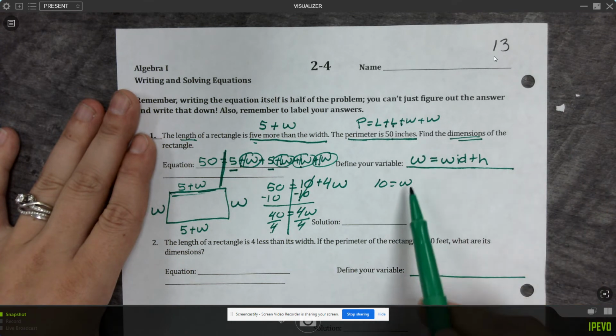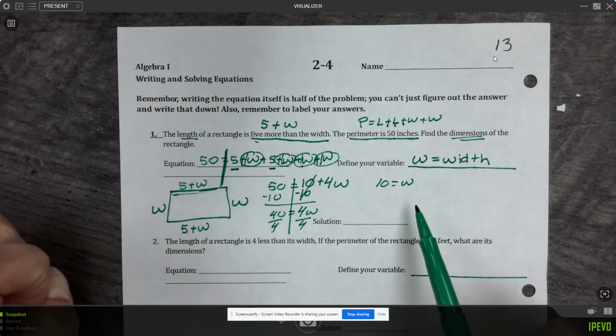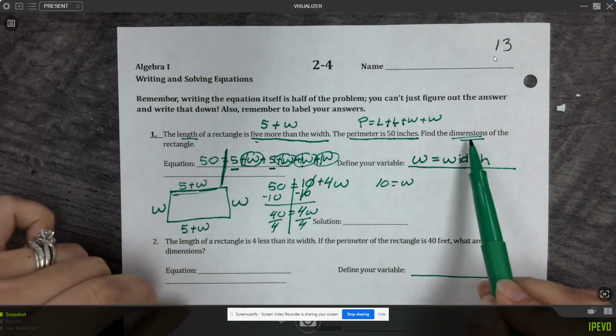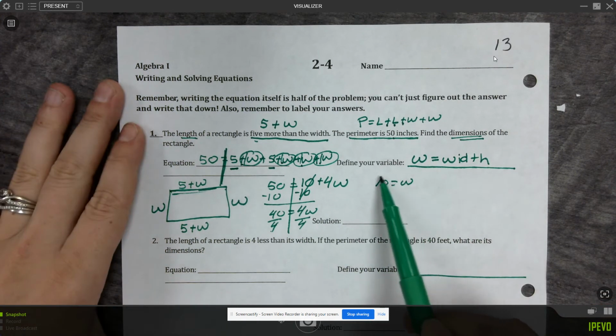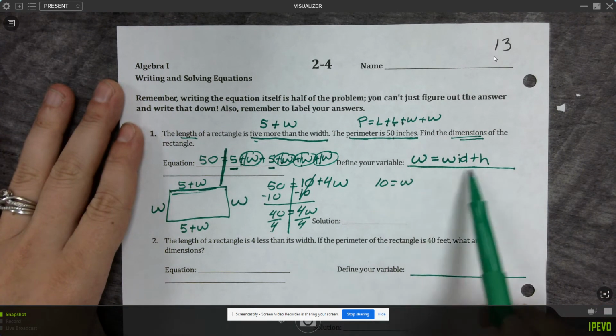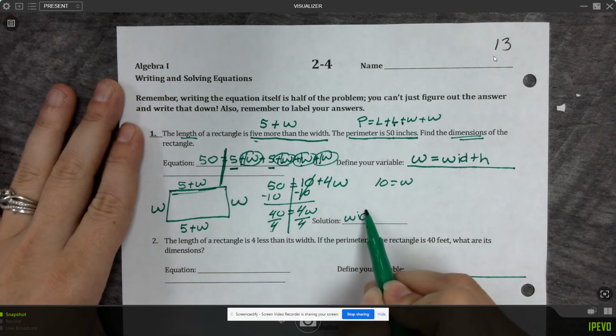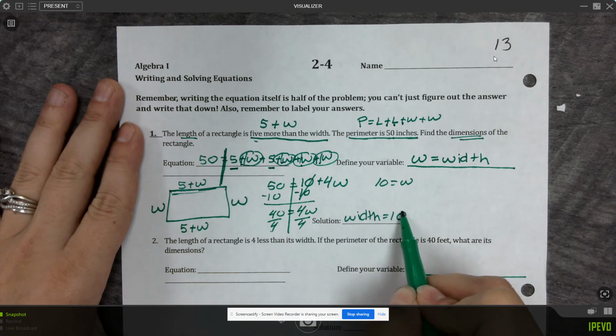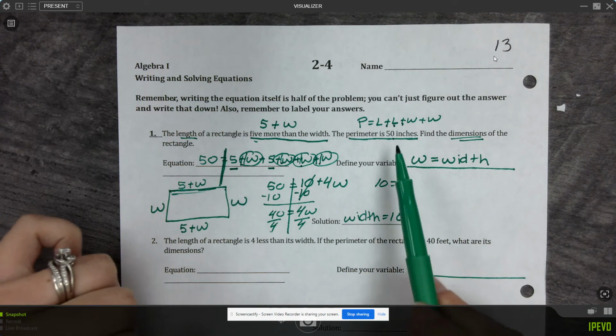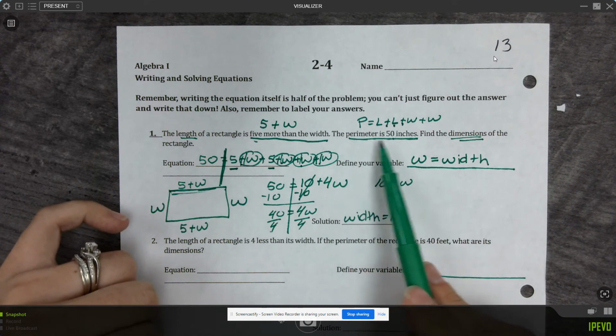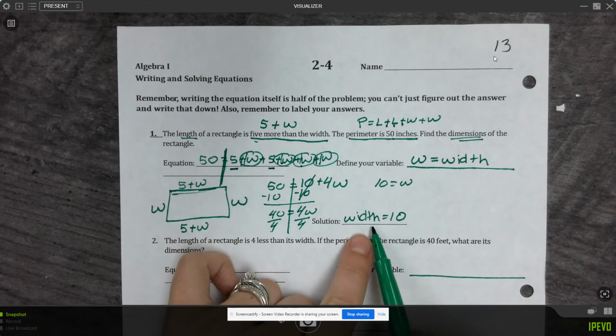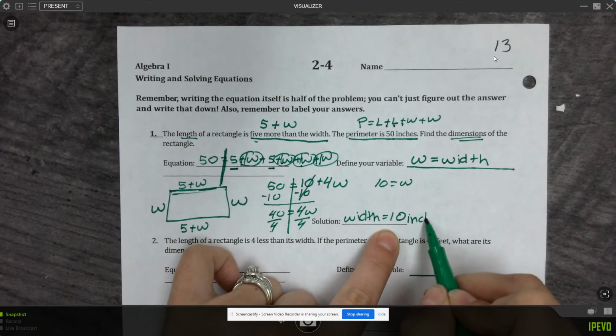Now, we're not done. We're done solving. Now we need to answer the question. Find the dimensions. Well, W equals 10. W is your width. And I want some units on this because I'm dealing with this perimeter of this shape. It's 50 inches, so your width is 10 inches.